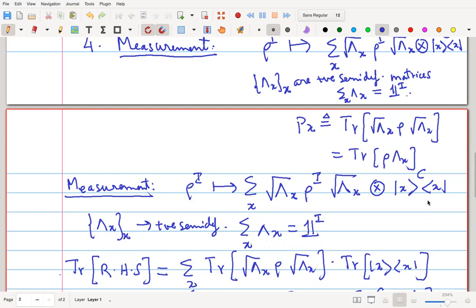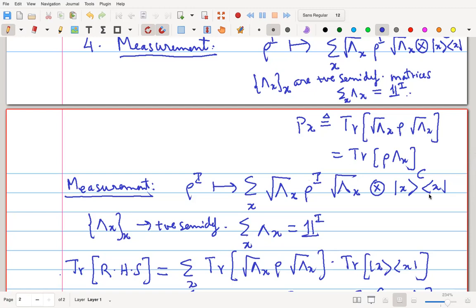If the classical outcome is x, the quantum state collapses to this expression. But to treat it as a quantum state, I have to renormalize it by the trace, because it has to become trace 1. I know it's positive semi-definite, so to make it trace 1, I have to renormalize. The renormalizing factor is the probability of observing the xth outcome, which is this. So that's the full description of the physical process of observation.